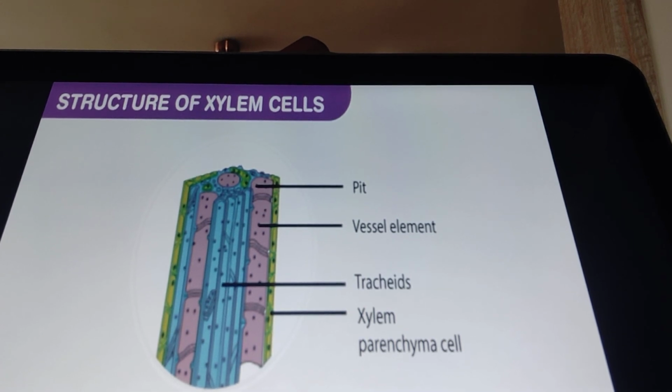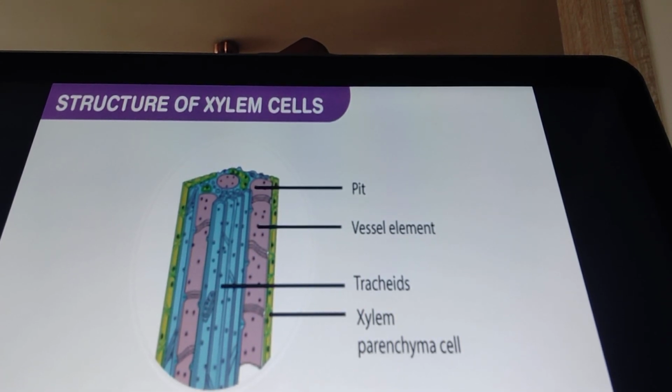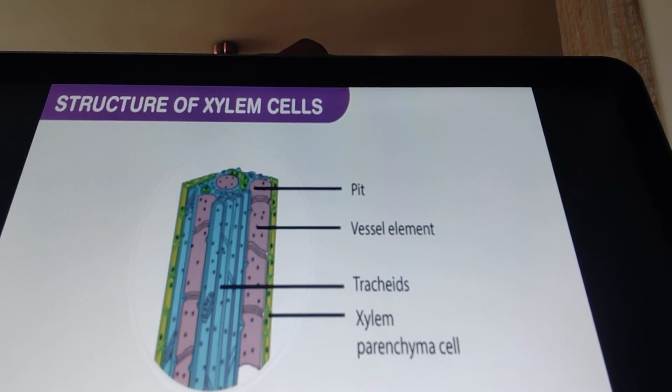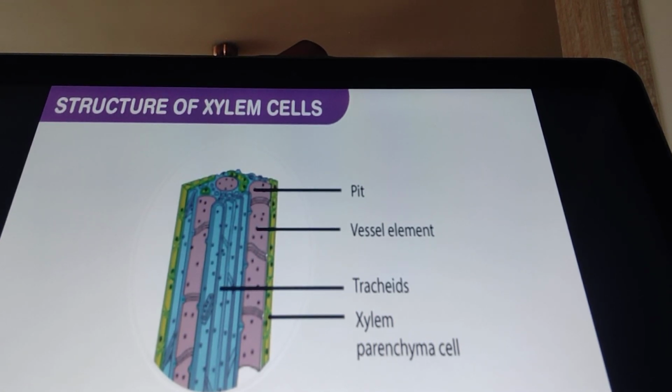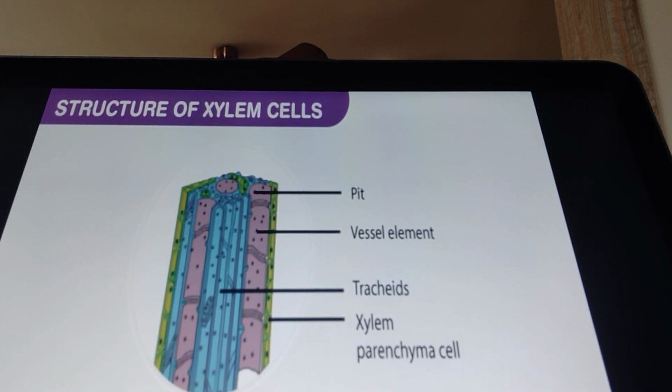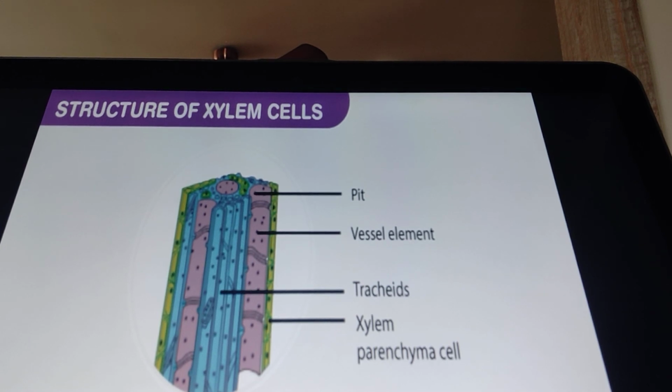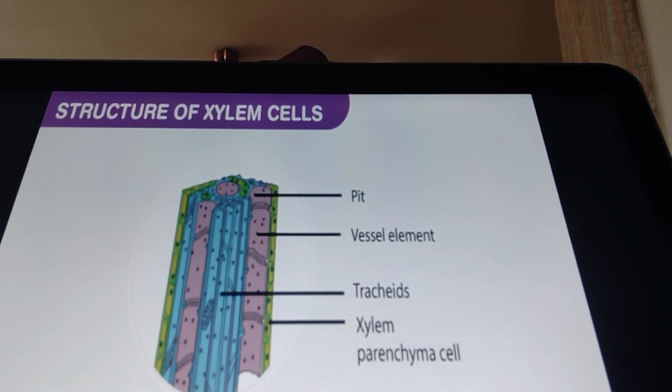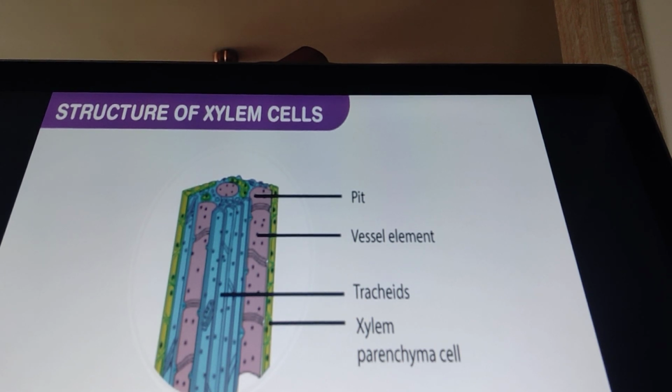Tracheids and vessels have the same kind of function: conduction and transport of water from the roots to various parts of the shoots. Xylem parenchyma helps to store food in the form of starch and fatty materials. Xylem fiber, also known as wood fiber, gives mechanical support to the plant body. This xylem fiber mainly consists of lignified sclerenchyma cells, and it provides mechanical support.